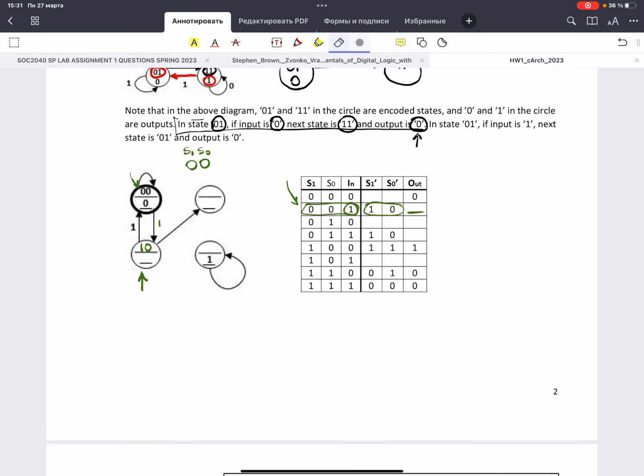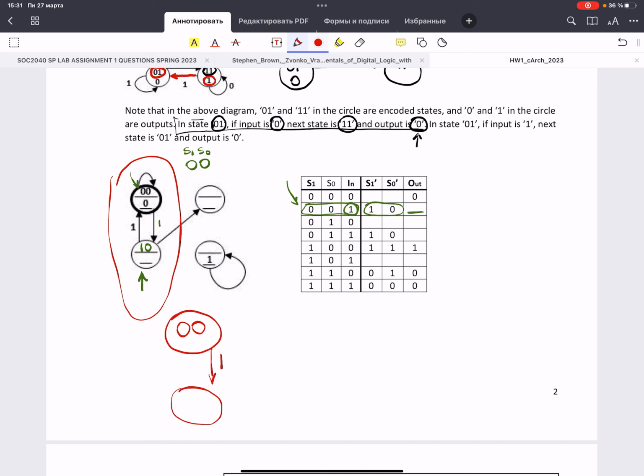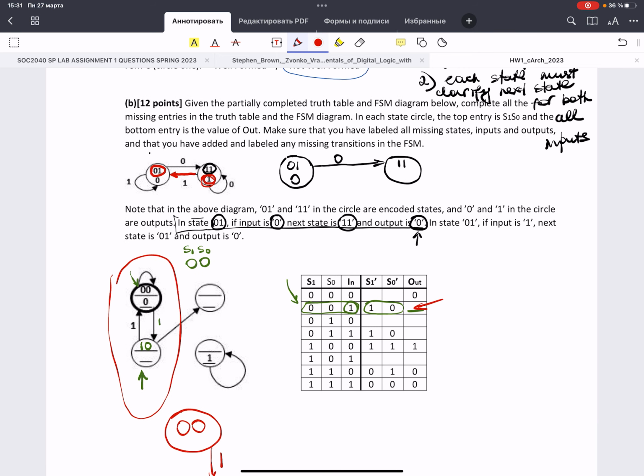Let's analyze this part. I'm saying that if the current state is 0, 0, and the input is 1, then the next state is 1, 0, and here I have to write the output. The output, as I've told you, is below the current state.